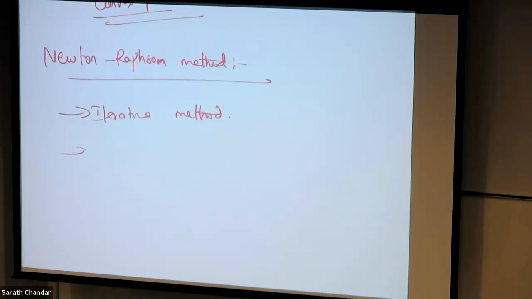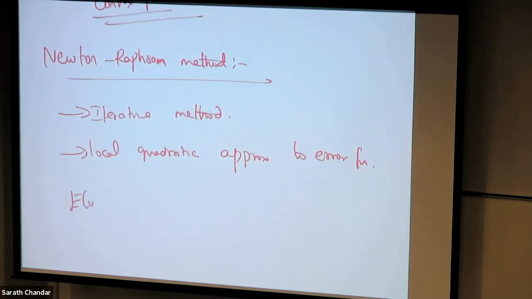We are going to take a local quadratic approximation to the error function. Specifically, we are going to use a second order Taylor series expansion for E of W. I am going to approximate E of W at some point W0, using a second order Taylor approximation.